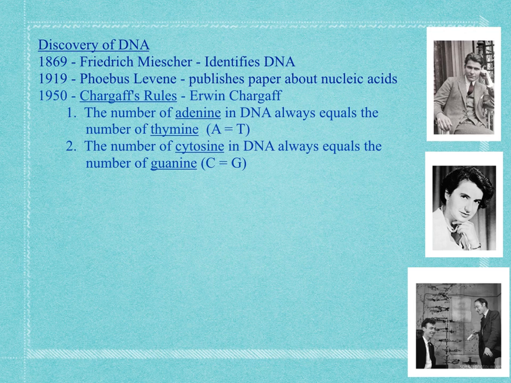So C equals G. Chargaff's rules became very, very important to the next people. And you can see here there was a pretty big gap between Phoebus Levene talking about nucleic acids and 1950 when Chargaff actually came up with his rules.